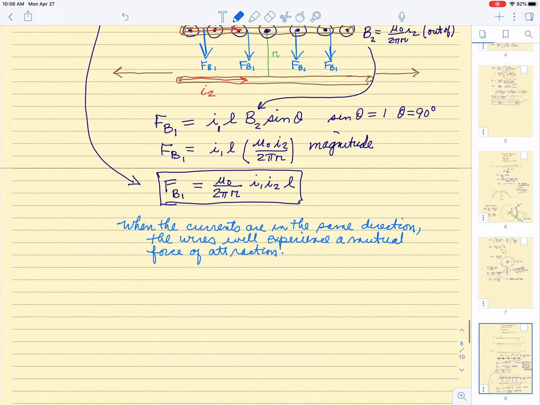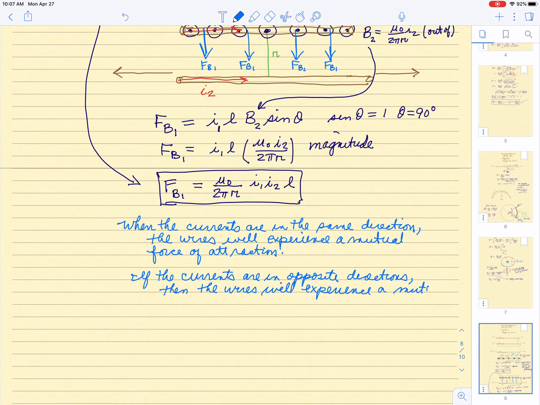Now, if the currents are in opposite directions, then the wires will experience a mutual force of repulsion.